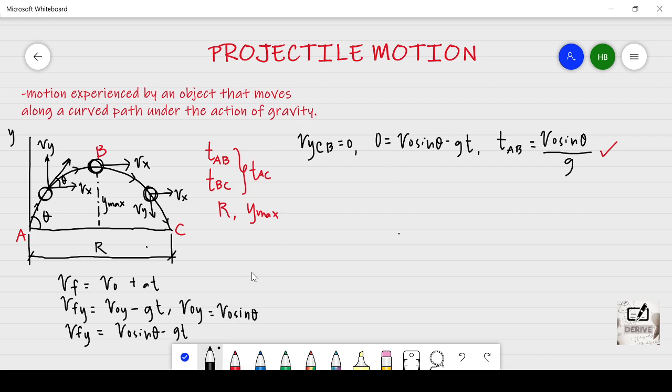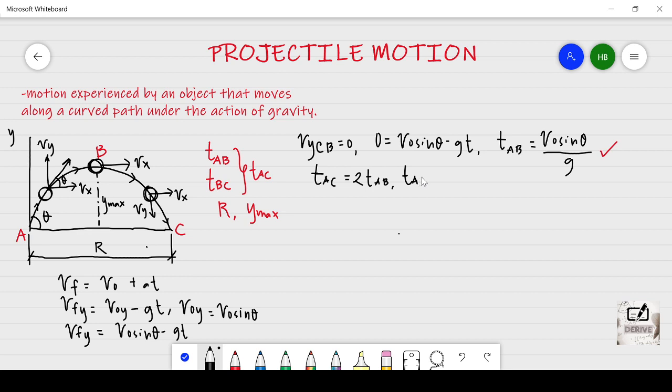Okay, so proceed tayo sa T from B to C. As you can see, symmetrically we can just simply multiply that TAB by 2, and that will be your TAC. Ang hanapin na pala natin ngayon is TAC, not TBC, sorry.